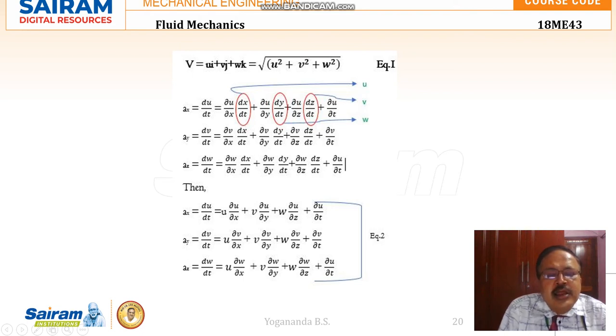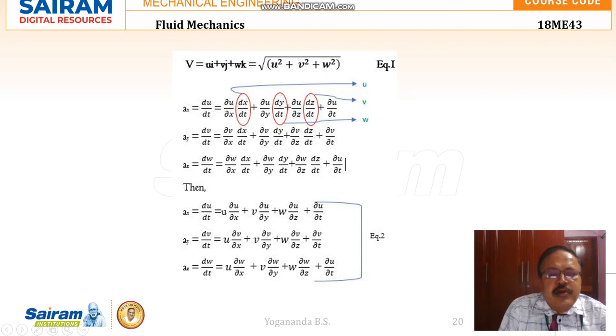Here dx by dt, that is distance traveled by time taken in the x direction, is the velocity component u.